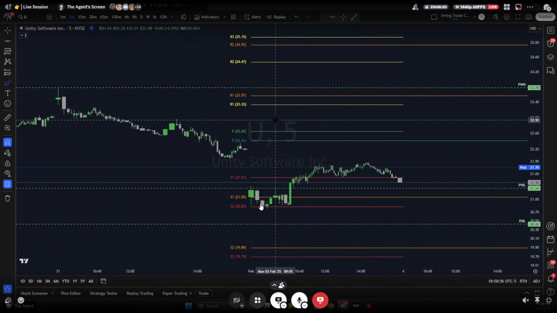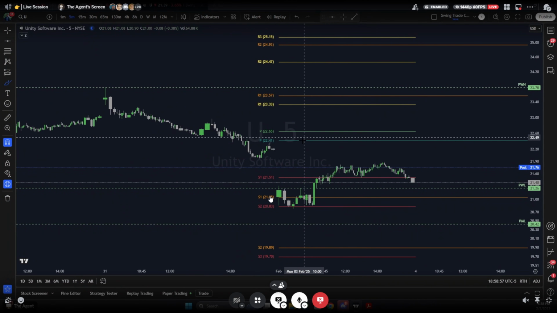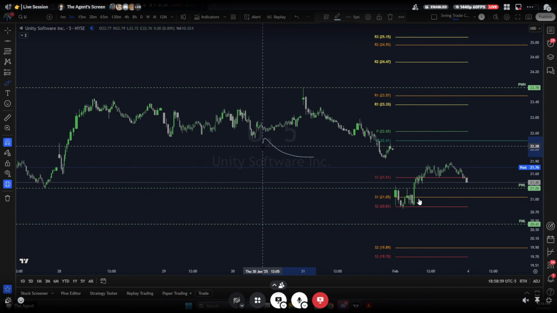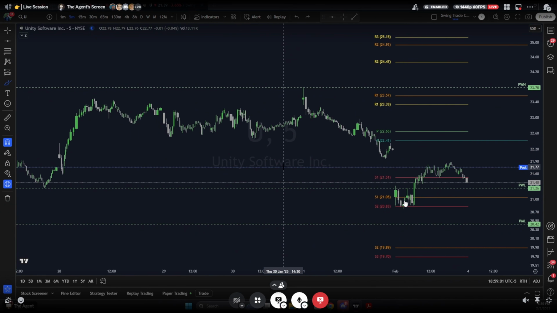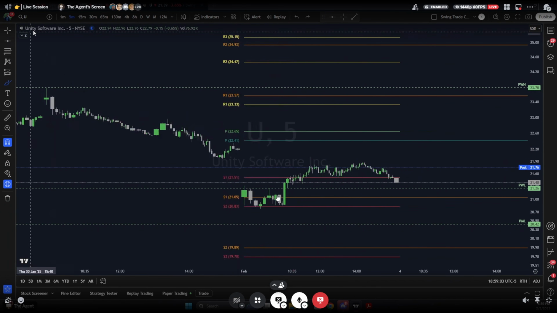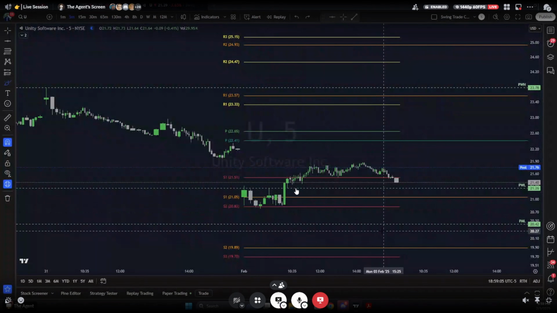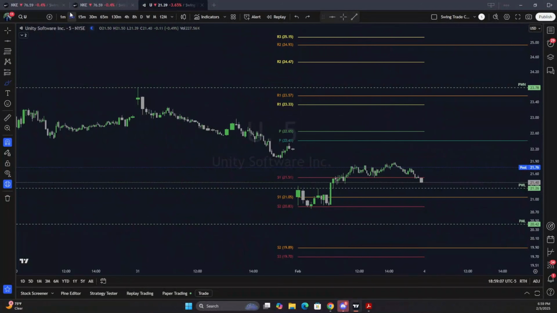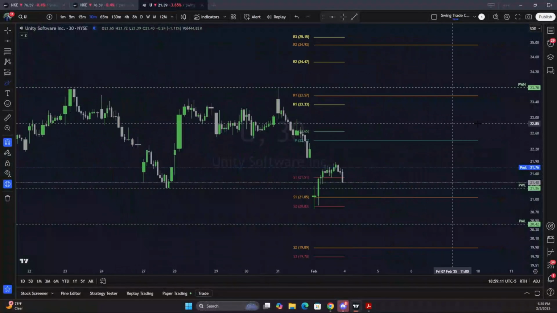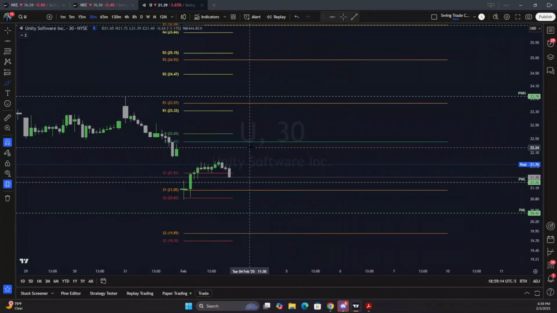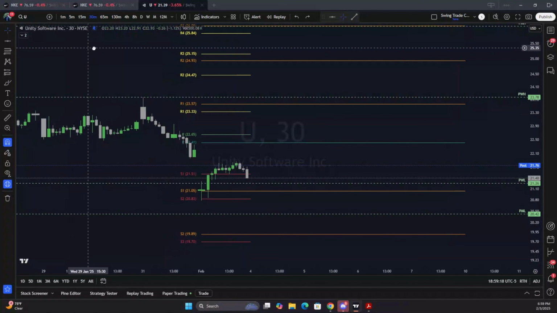So that brings importance, for example, to when he was talking about the unity in the opening, what was it, like 1 hour, when it came down to S1 and S2 and bounced around there and broke out of there. When he said it held S2, the reason why it was so important is because that's not like an algo or something that just keeps on reprinting and adjusting itself throughout the day.